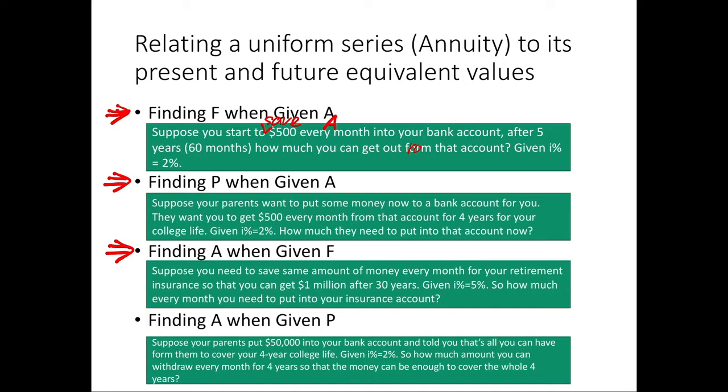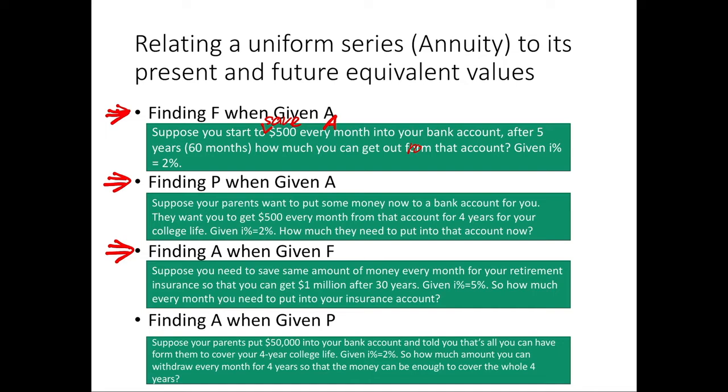Okay, so now you're planning on that, and you say, okay, my plan is to get 1 million after 30 years of hard work in the company. So you have a future value you want. That's 1 million after 30 years, right?